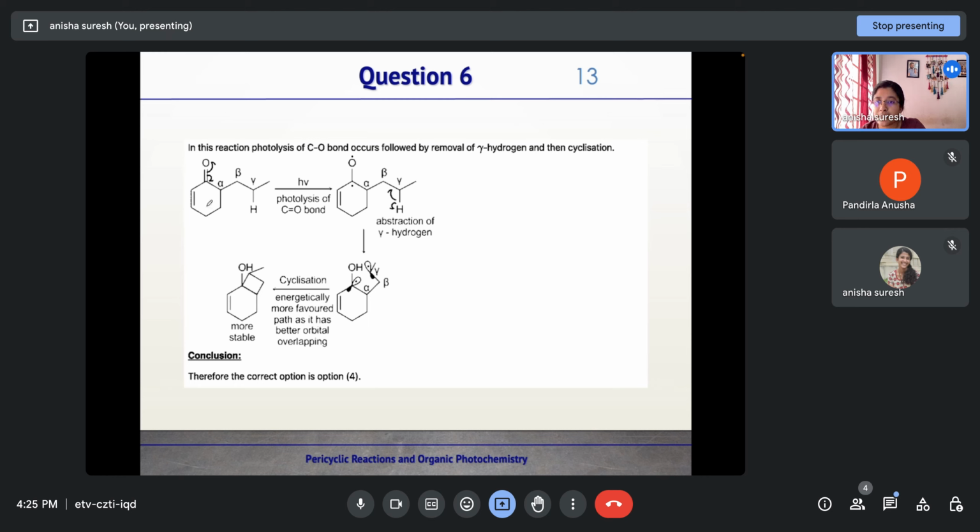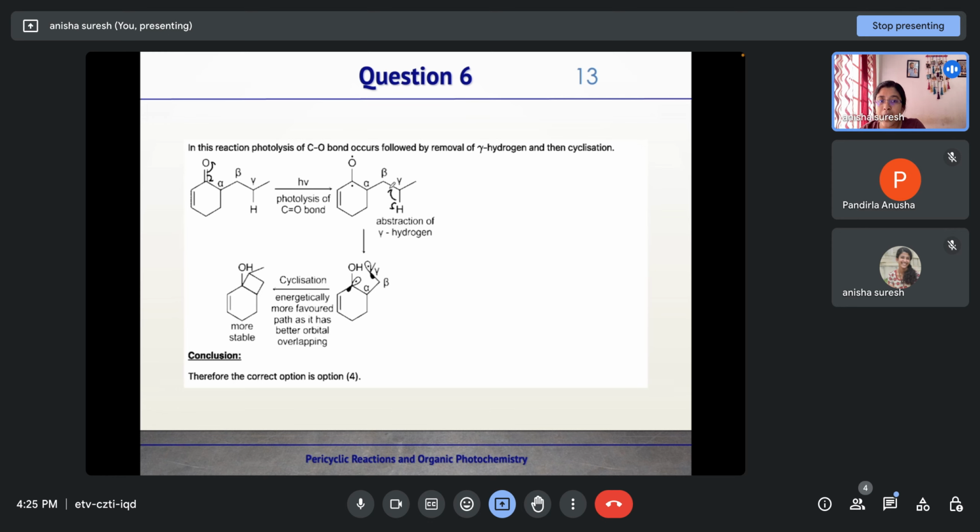So we can see here, this is the ketone. So this will be alpha position, this will be beta position, and this will be gamma position. And in the gamma position, we can see there is a hydrogen that is abstractable. So this will lead to formation of diradical when we are exposing it to light. So we will get this diradical.